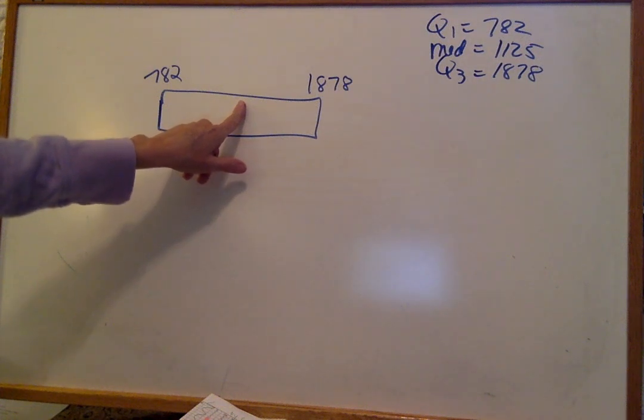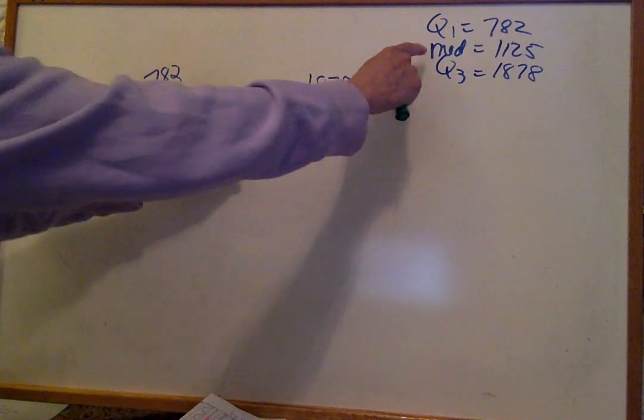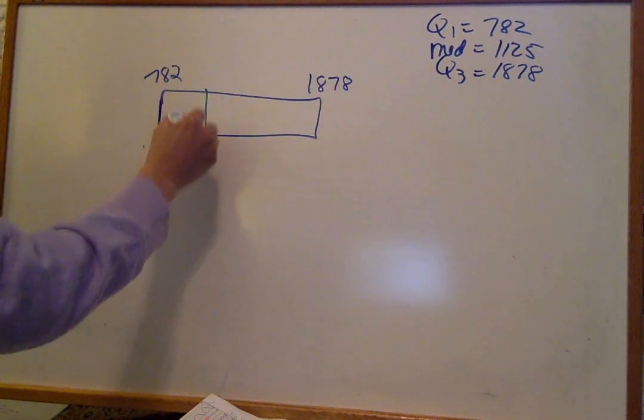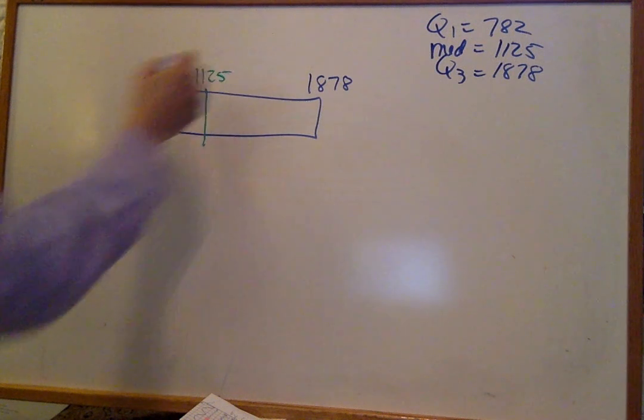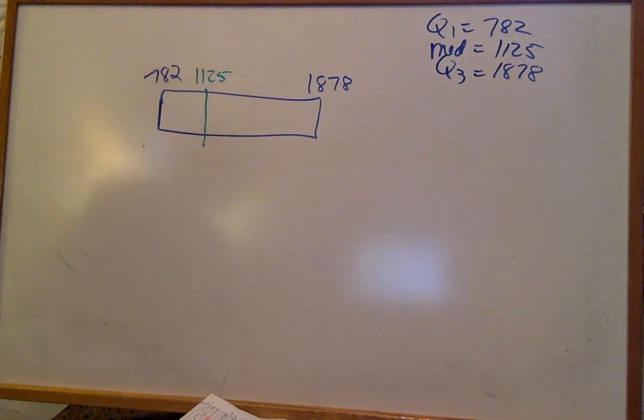The middle of that box turns out to be 1330. So yeah, 1125 is definitely lower than 1330. It's to the left of the center of the box.